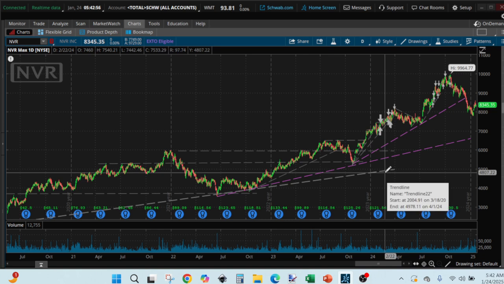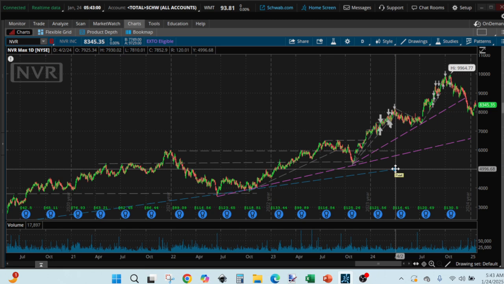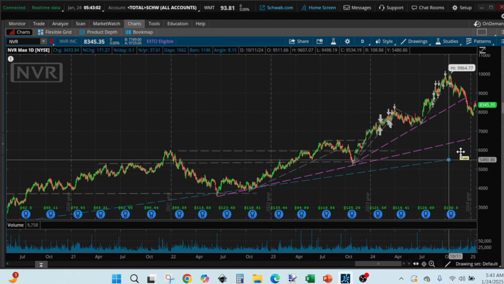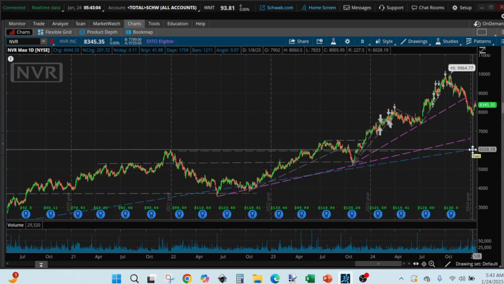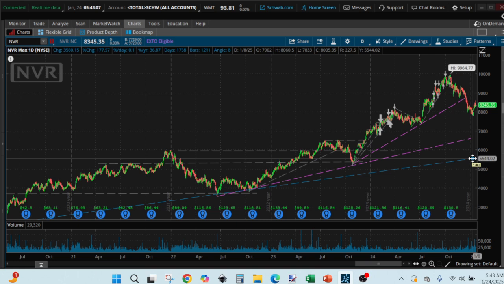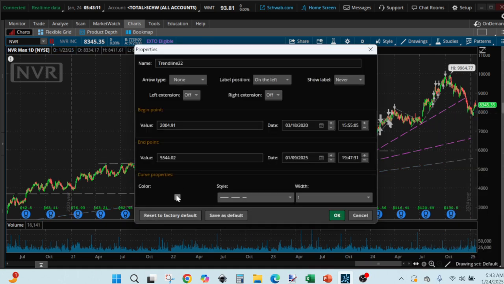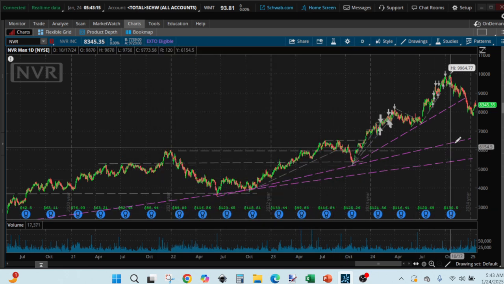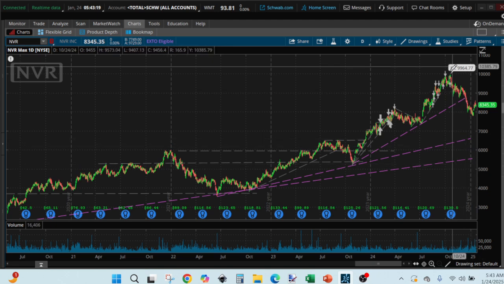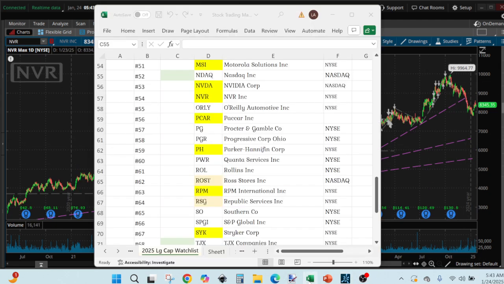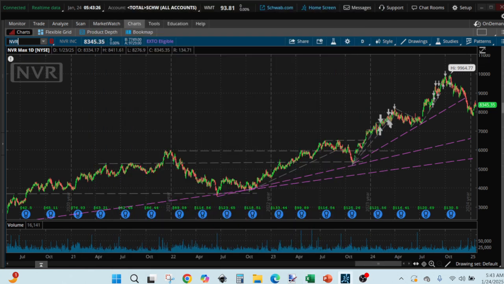We do have this trend line that I like to highlight, and I think it's not too far from this one, but it's a little bit lower, and we can color it purple as well and keep an eye on it. It seems like it could well come to it at some point. So the next one is ORLY.